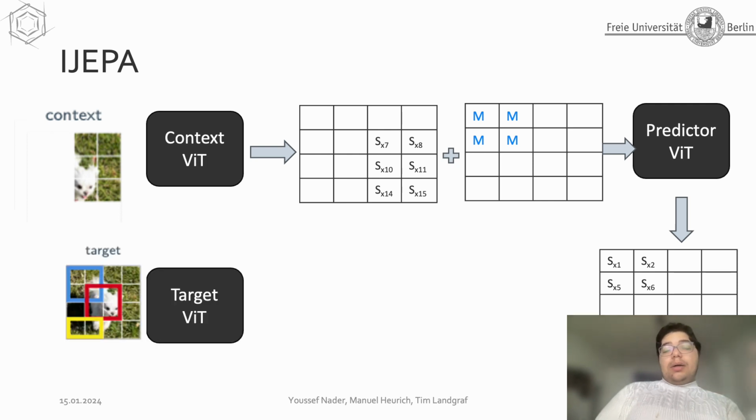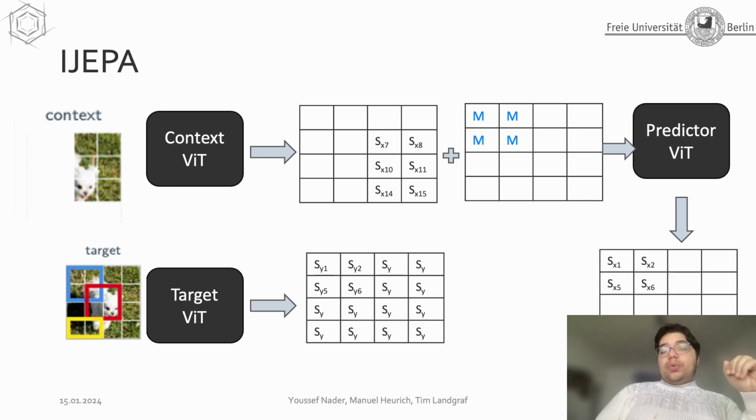Now, on the other branch of this joint embedding architecture, you select the same target. So you typically select the target first, and this is how you insert the mask tokens in the upward stream. So you select the top left set of patches. These are the ones you want to predict, and the target is going to produce representations for all of the patches.